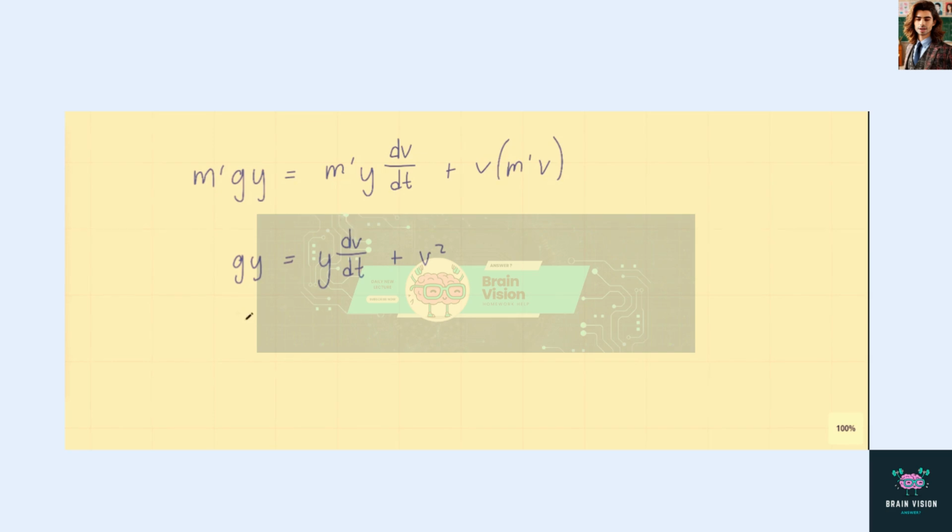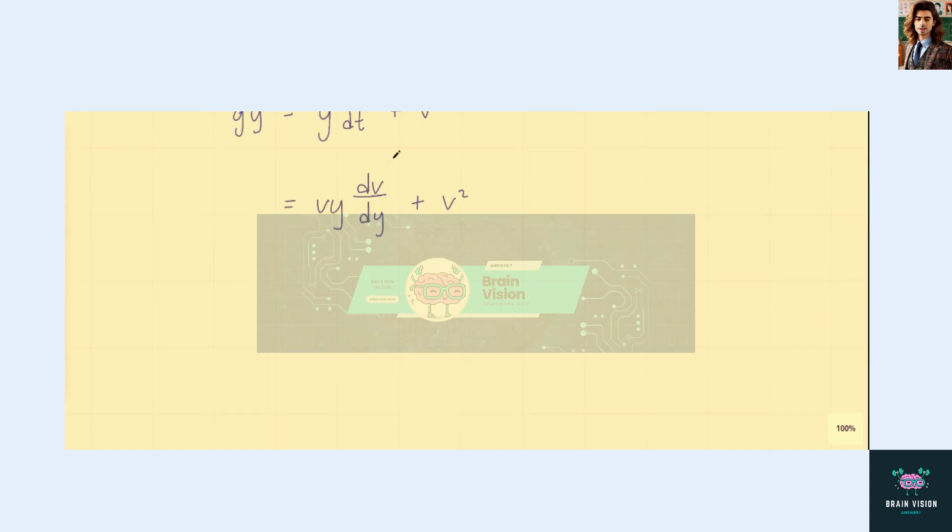So we can rewrite this as gy is equal to v times y dv/dy plus v squared. So now we can write this as the change in v with the change in position y.